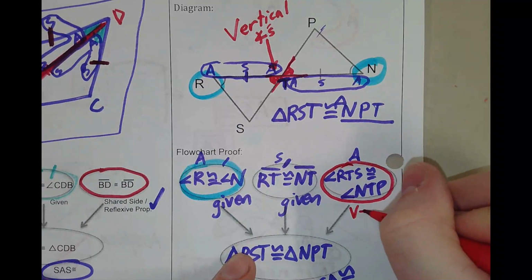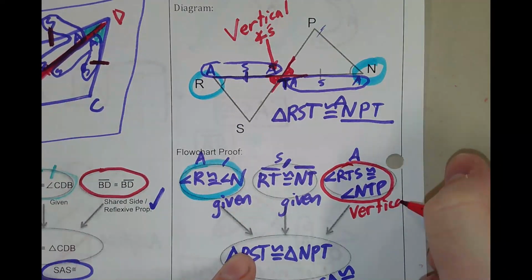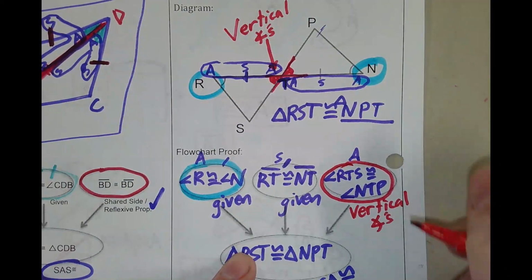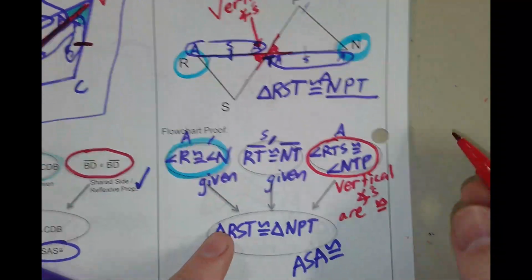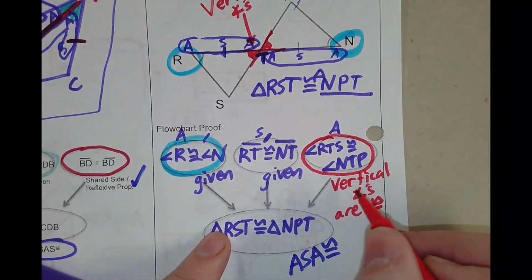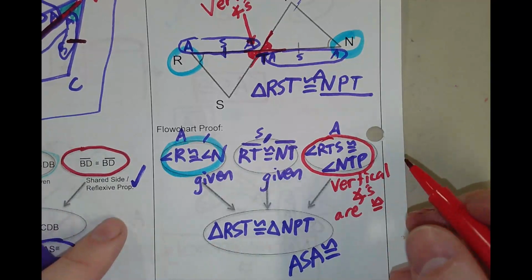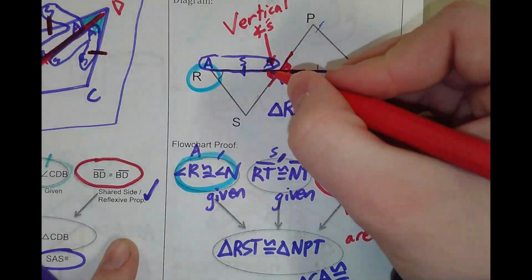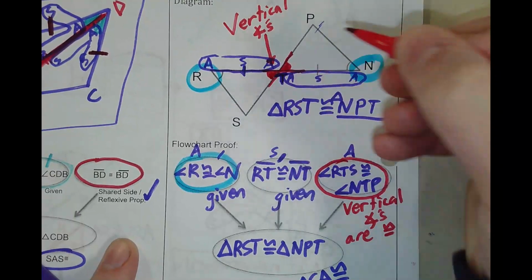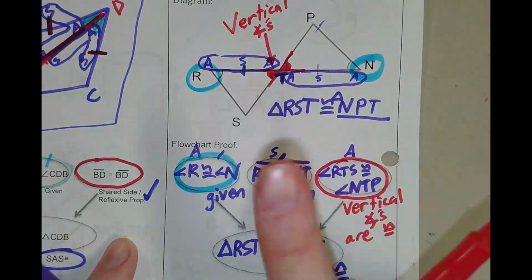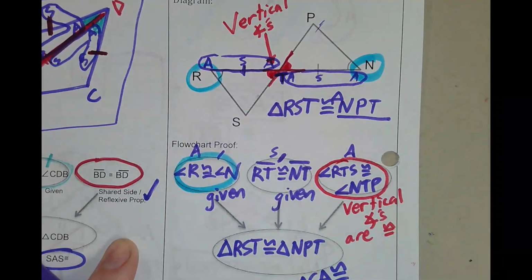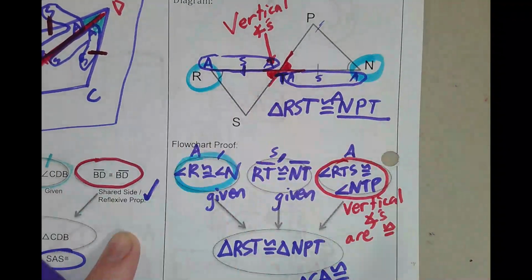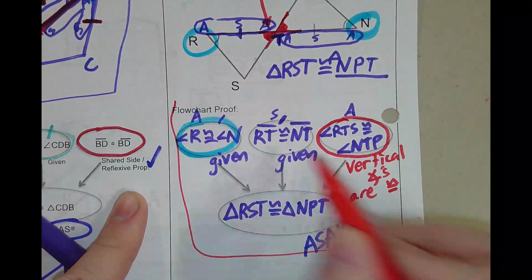The reason was that vertical angles are congruent. Now, most teachers agree you can just write vertical angles in this area. But the key thing is we added this to the diagram, meaning it was not given to us by a tick mark. So remember, every statement must have a reason. This flowchart proof is complete.